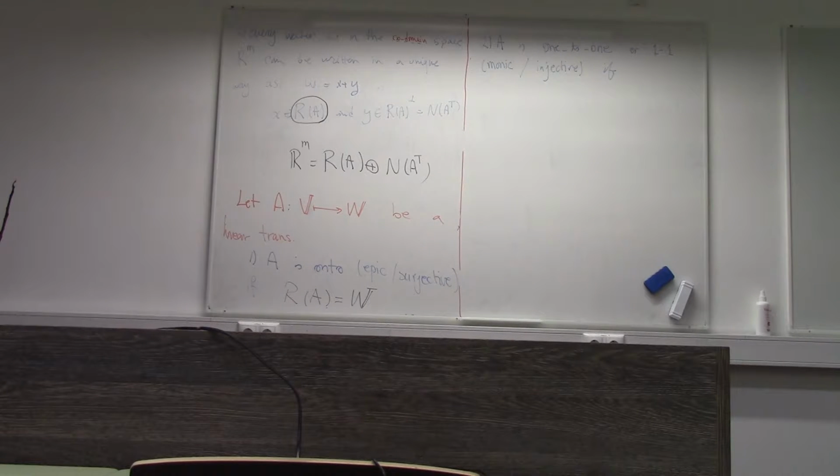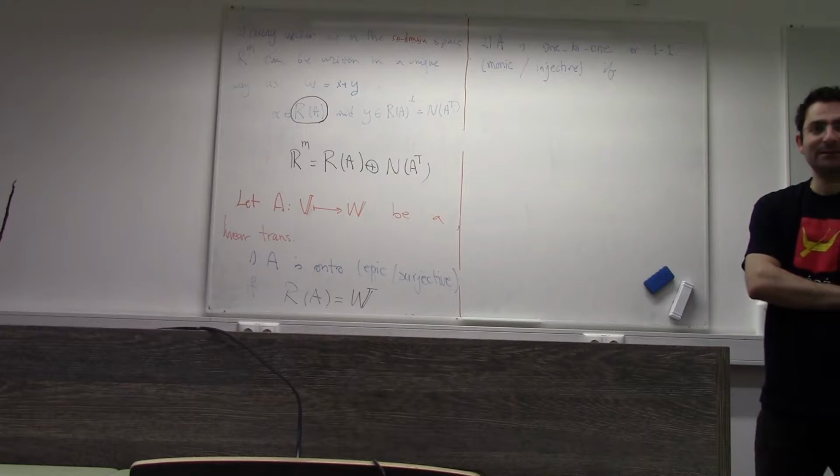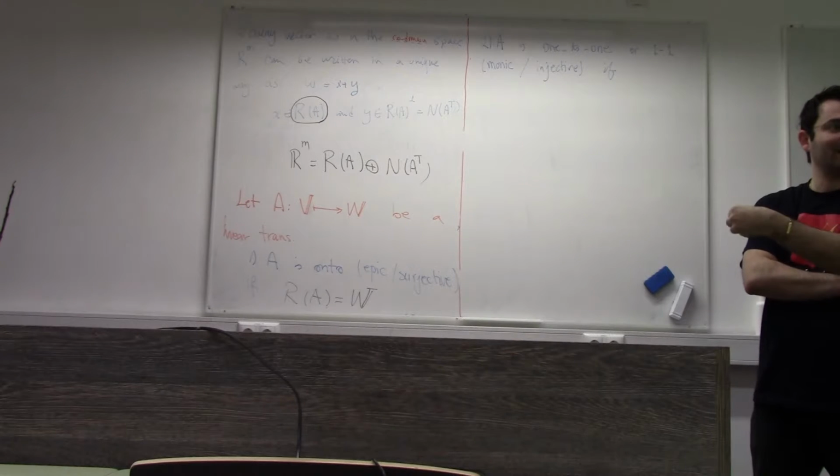I think it's about having unique values. Yes, that's true. One-to-one in the function means that for every x we have only one y. It's not that one x can go to two y's. But we have something very specific. I mean, if the functions were one-to-one, then something existed.